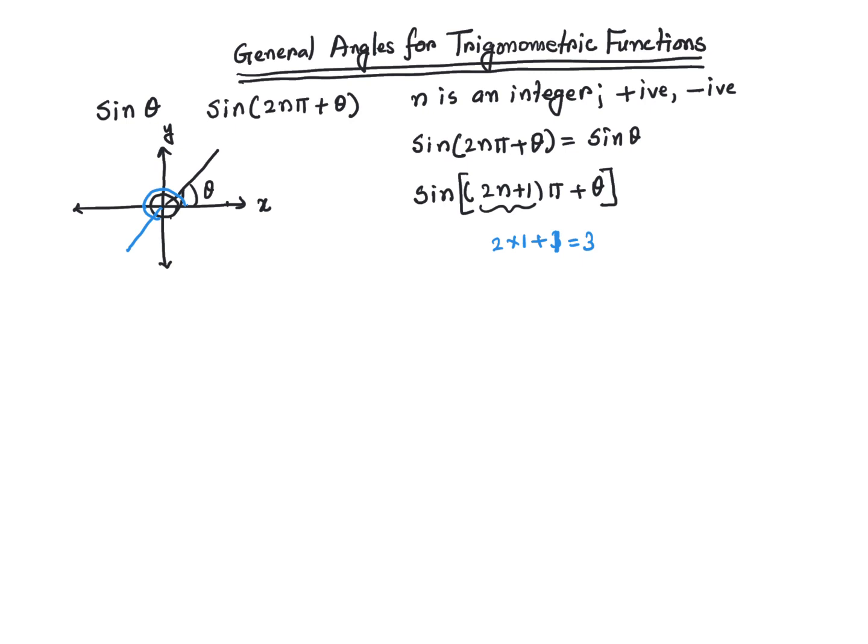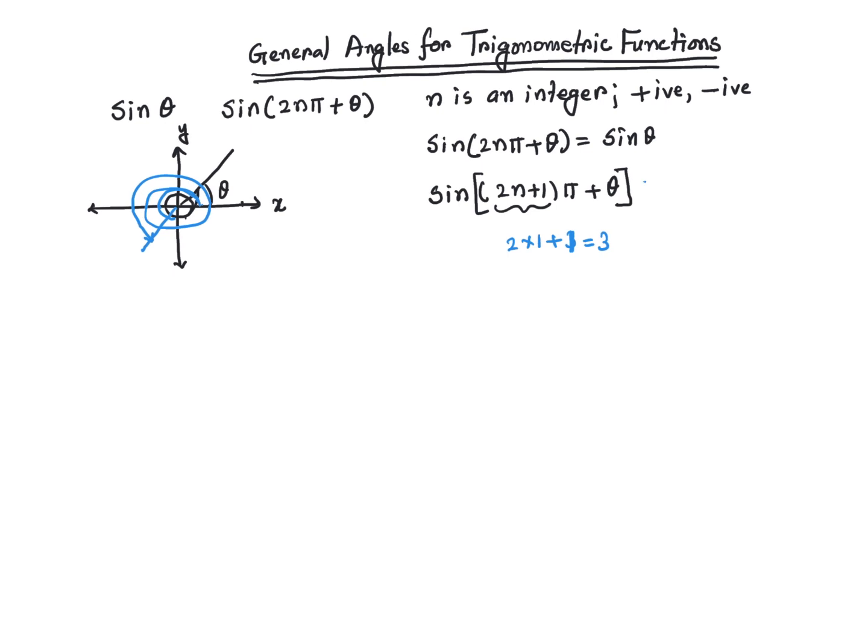So it's going to be 3 pi. So 3 pi gives you 1 pi rotation, 2 pi rotation, and 3 pi rotation, and then theta right here. Do you see? So this, in essence, is going to be equal to just negative sine of theta. Why minus? Because it lands you in the third quadrant.